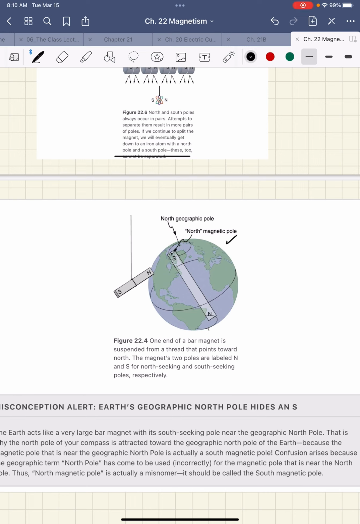And the north pole of that magnet is hitting the south geographic pole.